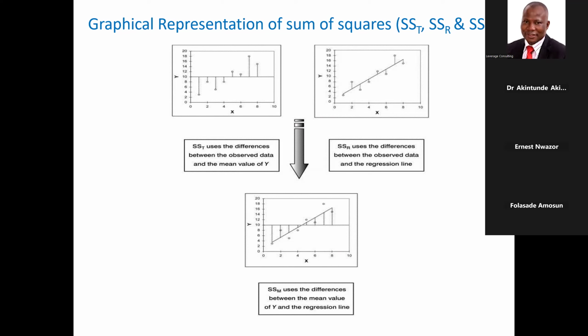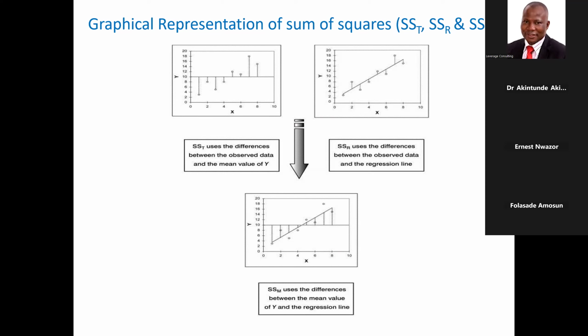Now, the model: if you look at the distance of each value from this model line, that is the error. That is what is in the data that the model cannot account for.